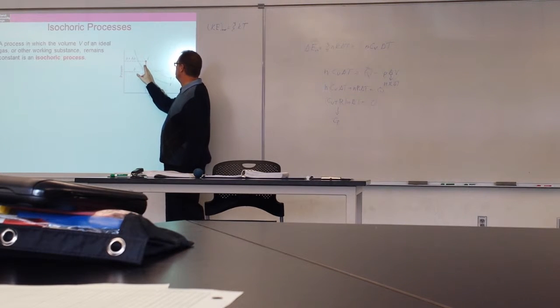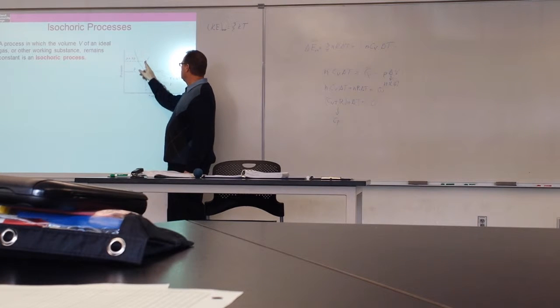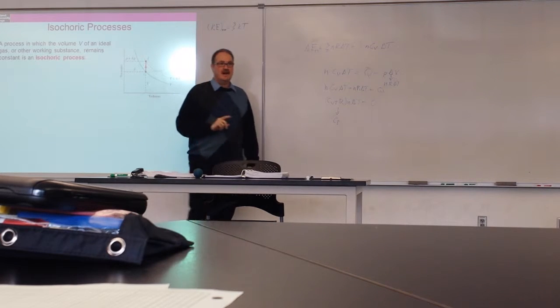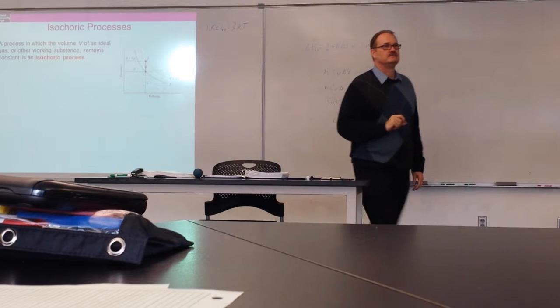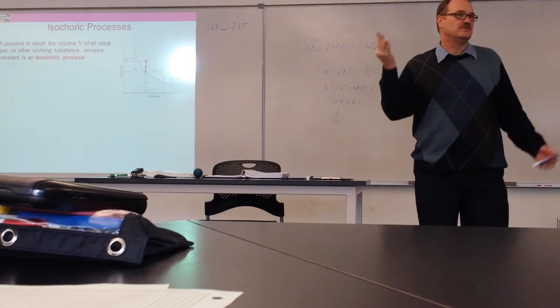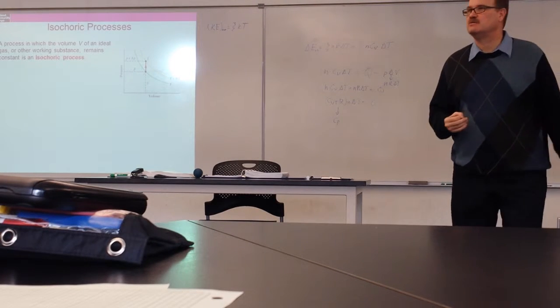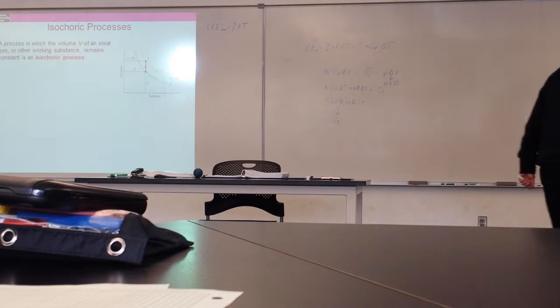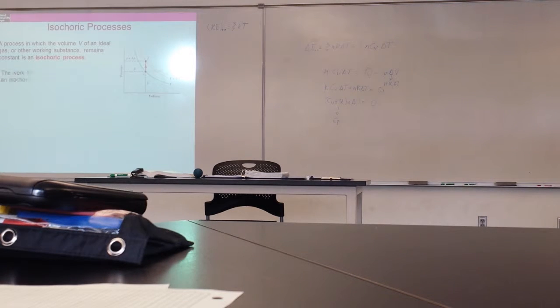So I'm changing temperature again, crossing from one isotherm to another, but I'm doing it at constant volume, so the pressure changes. How much work is done? Zero, because there's no area under the pressure volume graph. So in an isochoric process, no work is done.